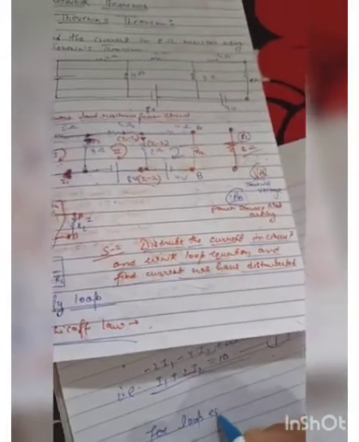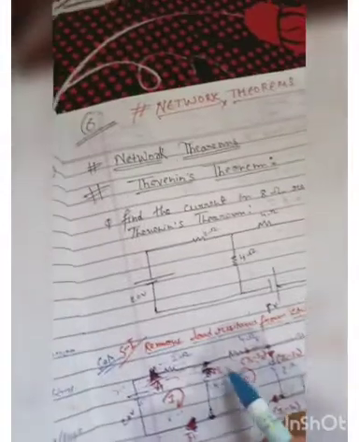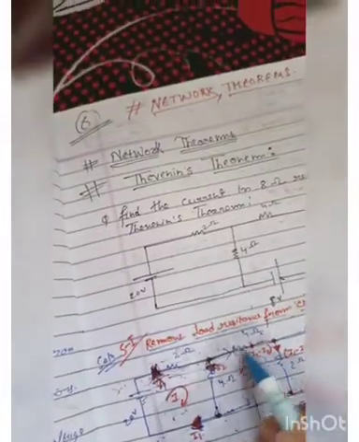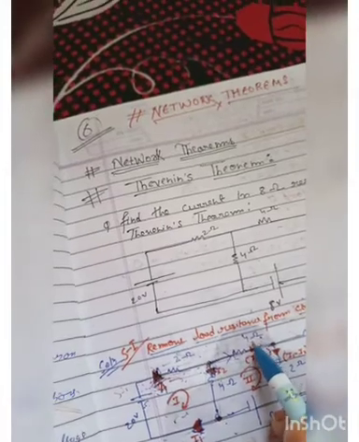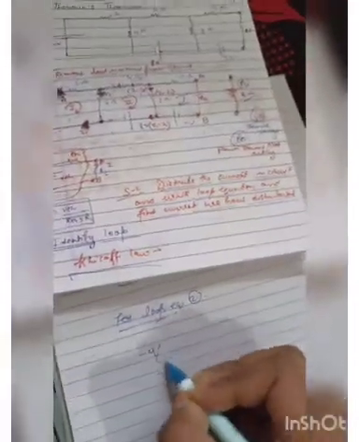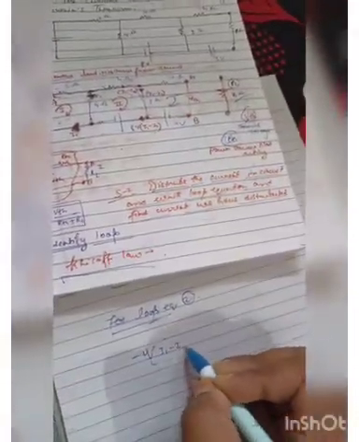Now for loop equation 2, the current I1 minus I2 is flowing in the direction of the resistance 4, so we write minus 4 times (I1 minus I2).